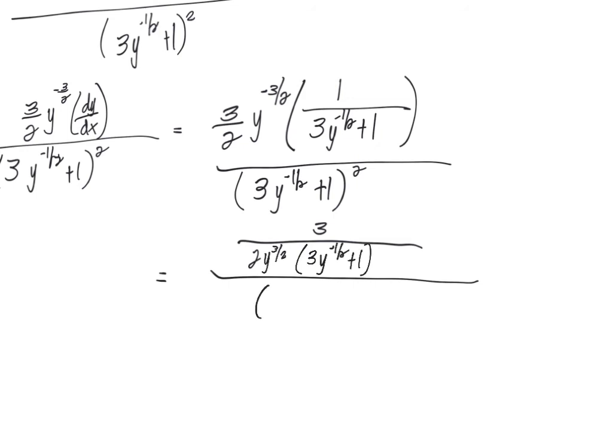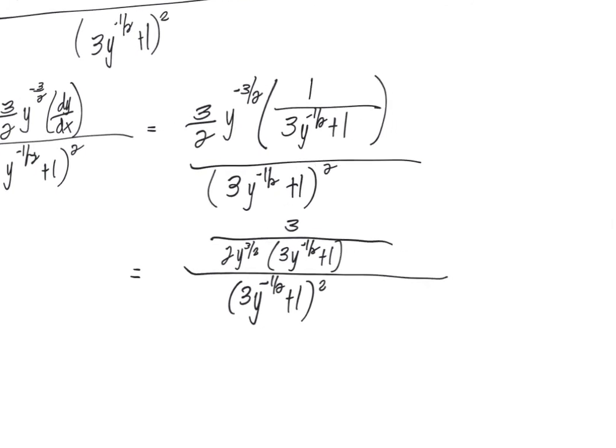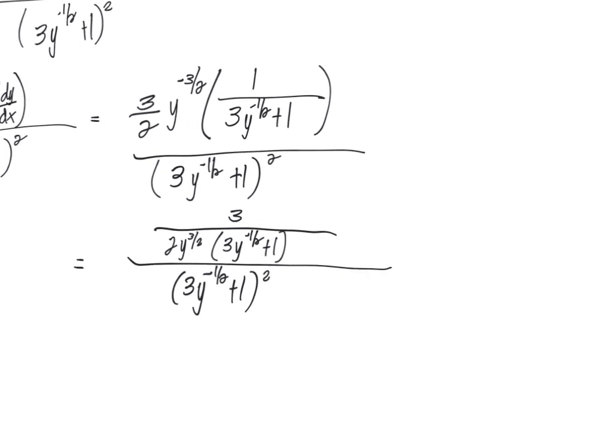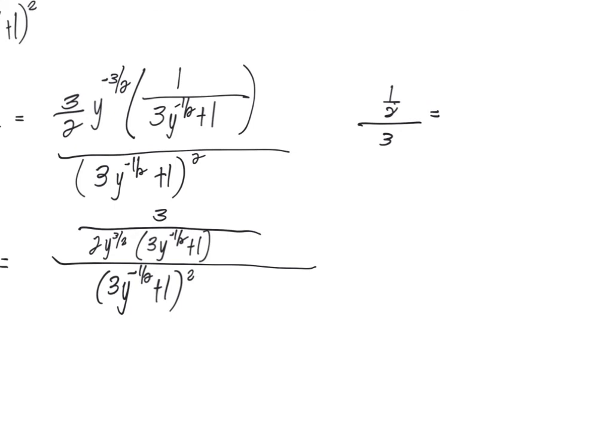Okay, and so in the denominator, the plain old denominator, we still have that 3y to the negative 1/2 power plus 1 squared. So I want you to remember something from algebra: if you have a fraction within a fraction, a fraction in that numerator, that denominator can come into the main denominator.